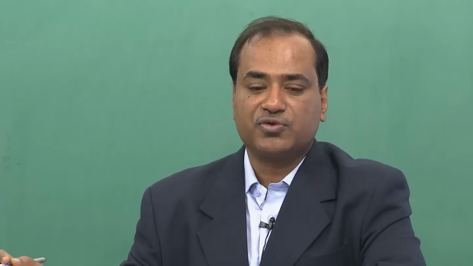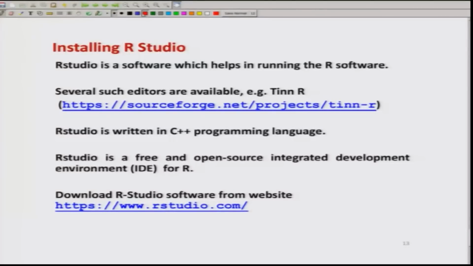So there are different types of software which are available, and in this course I am going to use a software which is called R Studio, right. So R Studio is essentially a software which helps in the execution of R software.